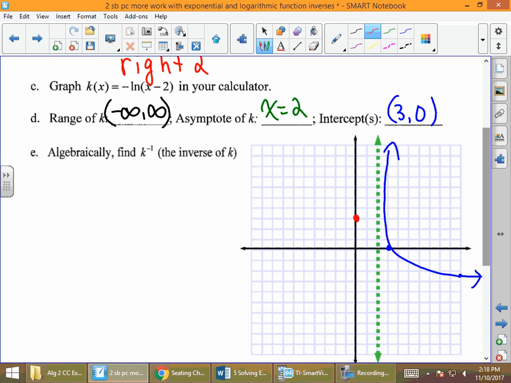The other point that I graphed on here was 10, negative 2.1, roughly, so then I'm going to have to go negative 2.1, 10. And when we draw this picture here, it looks roughly like that.